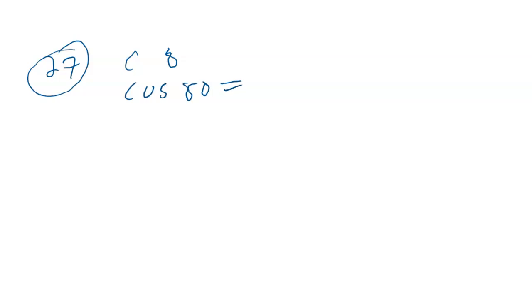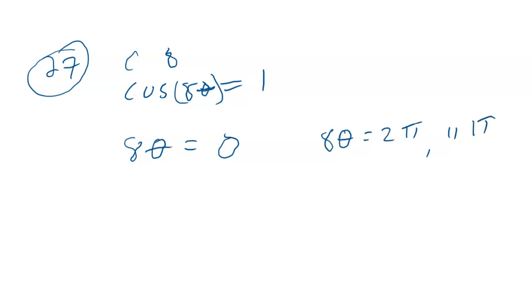Number 27, that looks challenging. Maybe. I don't know. 27, I got cosine of 8 theta is equal to 1. This doesn't look too bad. So basically we can say whenever 8 theta is equal to 2 pi, 4 pi, and so on and so on, cosine is 1.